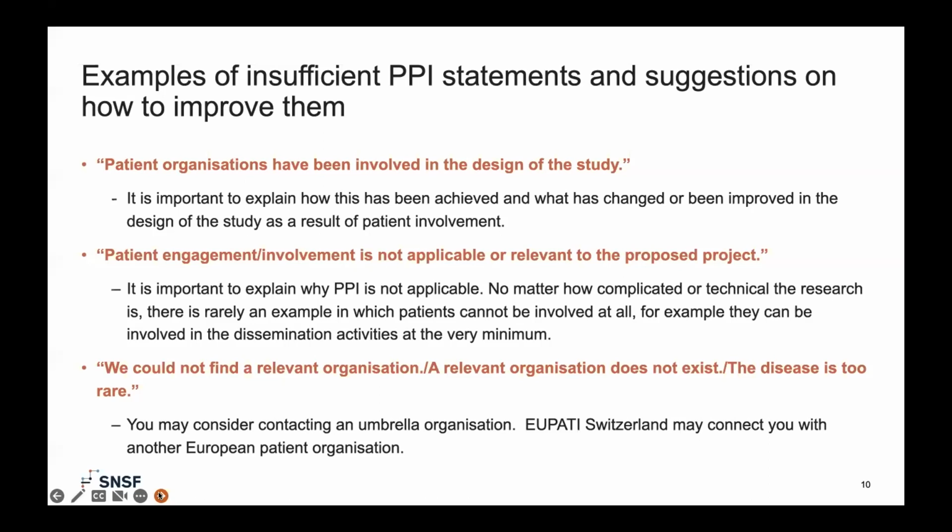Sometimes it's not easy to find organizations, so we also see some projects stating that they could not find a relevant organization or it doesn't exist. Believe me, at the European level, you can find almost anything. Also, civil associations are part of this equation.